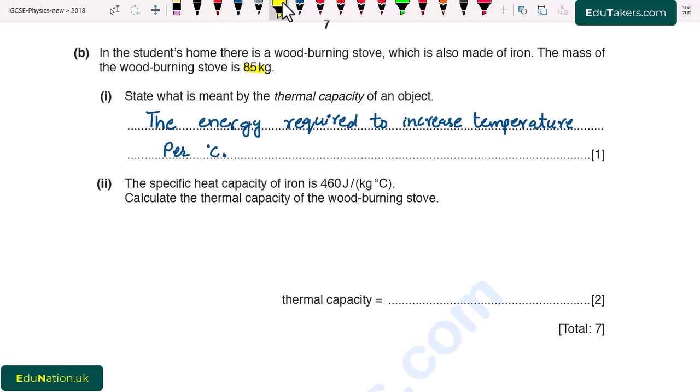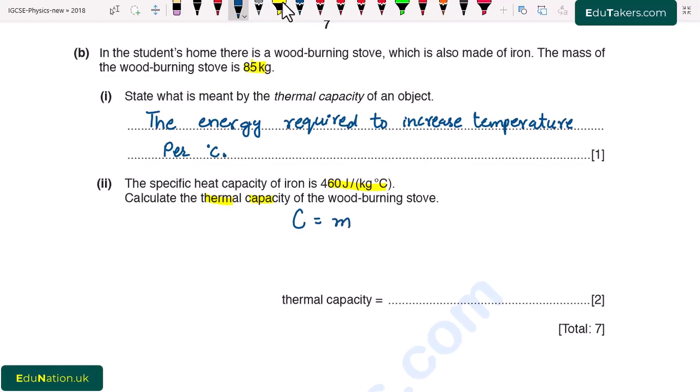Part 2. The specific heat capacity of iron is 460 joule per kg per degree C. Calculate the thermal capacity of the wood burning stove. Here we have to calculate the thermal capacity when the specific heat capacity and mass is given. So we know that thermal capacity is the product of specific heat capacity and mass. I write here capital C is for thermal capacity.